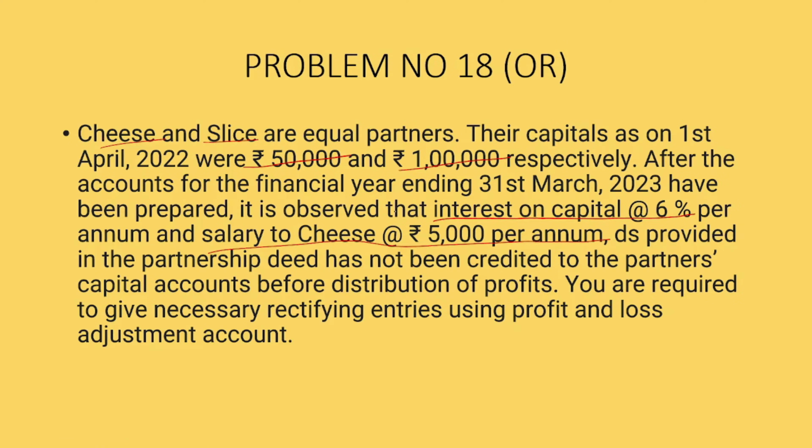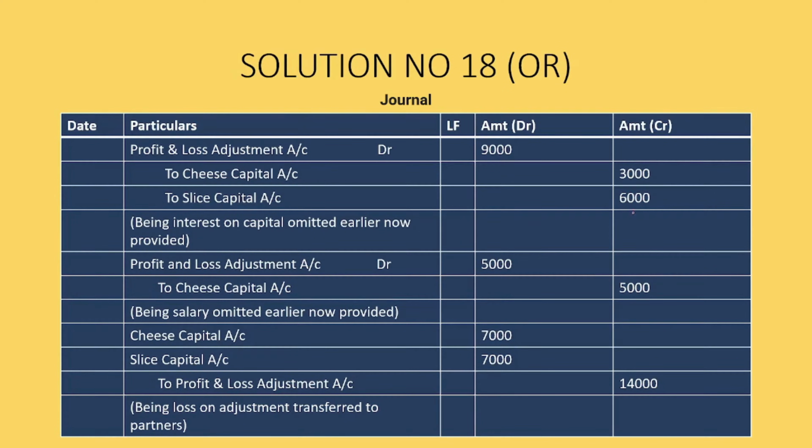Here we can see 50,000 at 6%, which gives us 3,000, and over here 1 lakh at 6% once again gives us 6,000. So 3,000 gets credited to Cheese's capital and 6,000 gets credited to Slice's capital, because these are the interest on capital that was omitted earlier, which is now being provided.